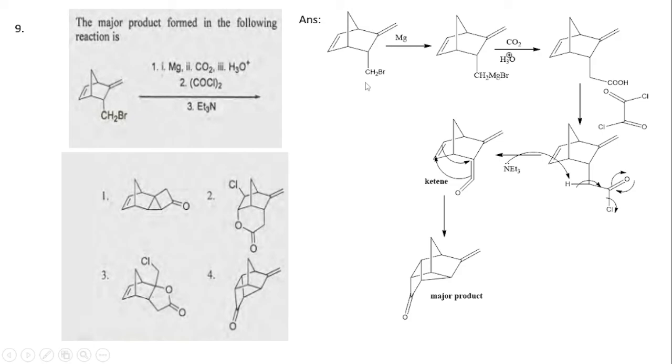So in the presence of magnesium, it leads to the magnesium bromide, which is like a Grignard reagent. So after that, they are adding this CO2. After adding this CO2 and H3O plus or proton, it leads to the formation of this carboxylic acid, CH2 and CO2H. Okay.